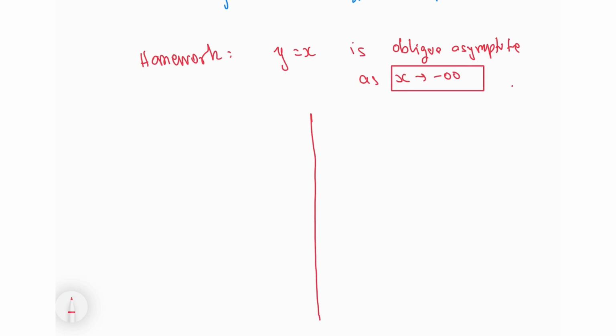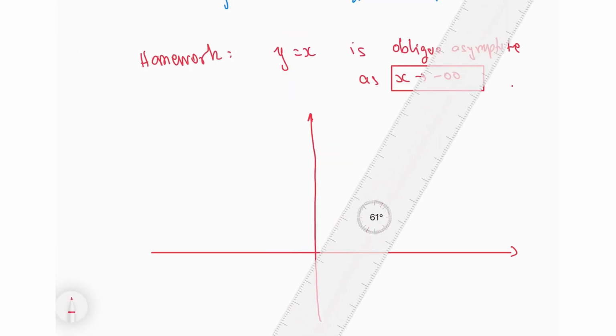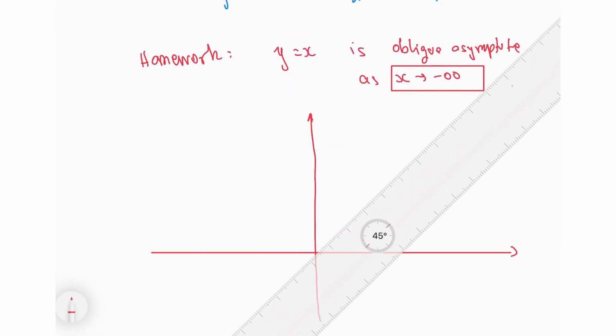So we can sketch the graph approximately. So we know that, I'll just take the ruler, this is 45 degrees, and this is y equals x, and that is our oblique asymptote.